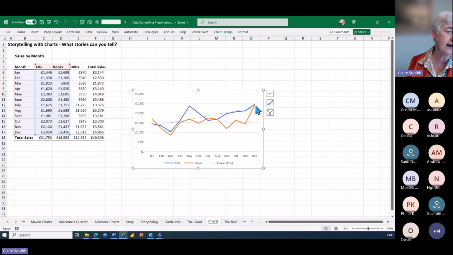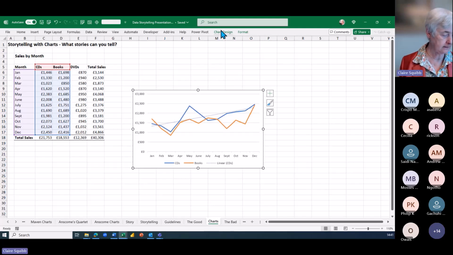And obviously, again, high sales in December as people generally buy books as Christmas presents. So those are your high points for books, and they could very possibly explain those sales.